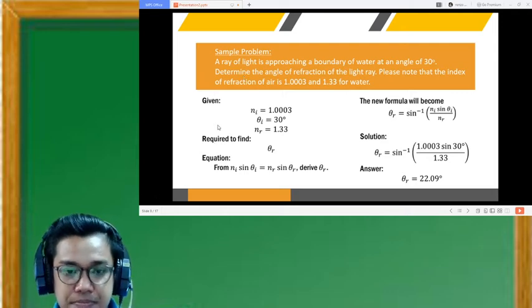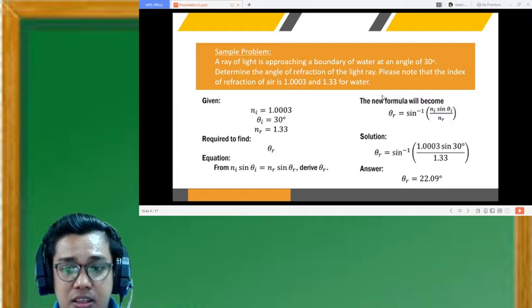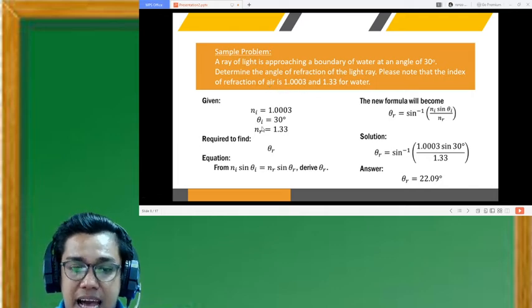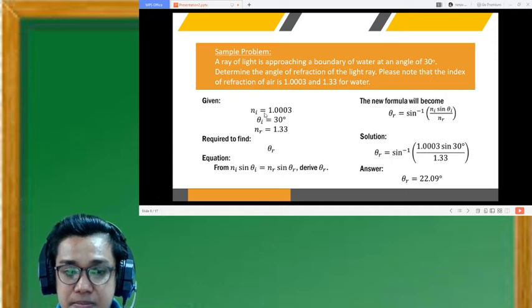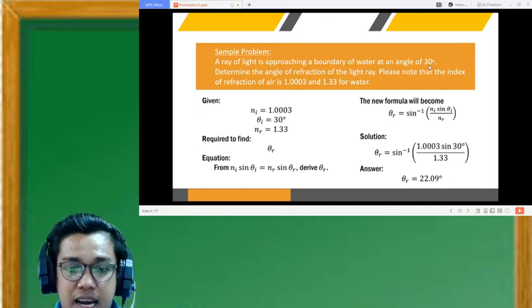Our given is the index of refraction, which is 1.003. Take note, ha? That is the index of refraction of air, given, okay? And the angle of incidence is 30 degrees, okay?